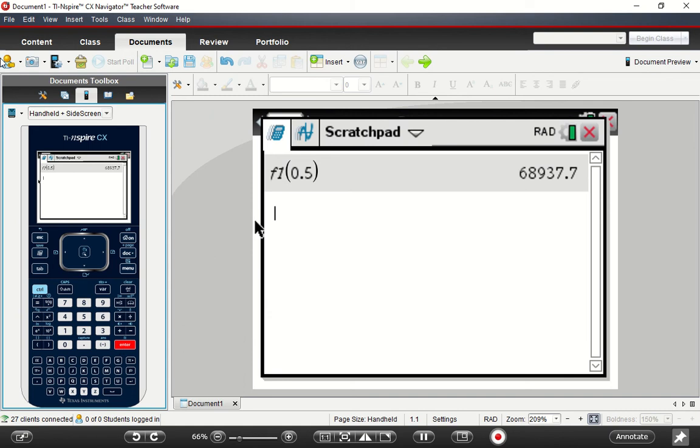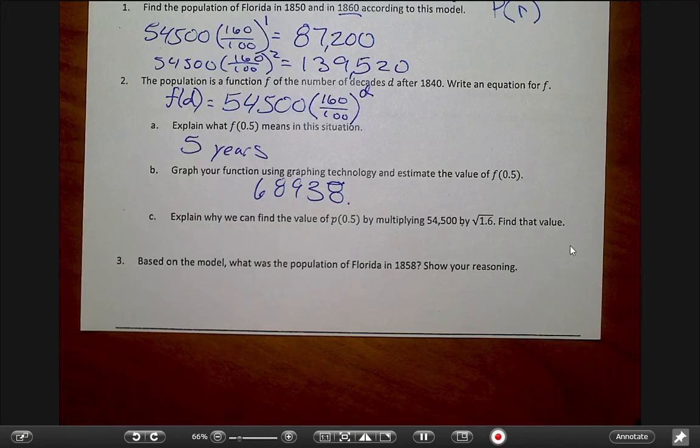So for my answer right here, what is going to be the value of f of 0.5? 68,938, let's say 38 people, because it's 0.7, right? And you can't have less than a person. So that's what we got right here: 68,938 people.